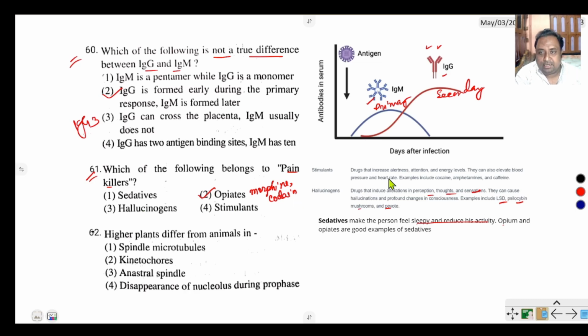Stimulant drugs increase alertness, attention and energy level, for example cocaine, amphetamine and caffeine.